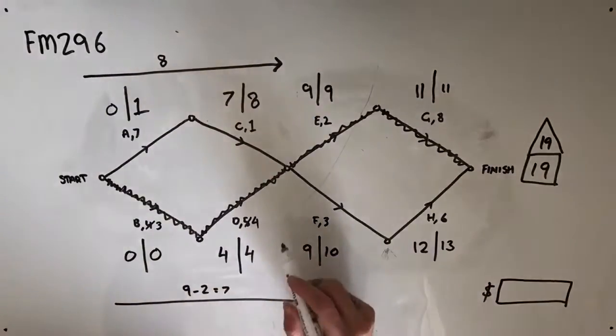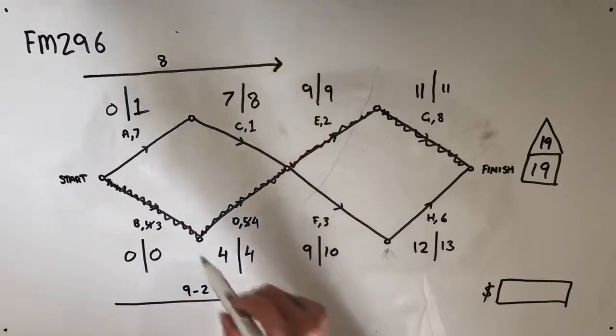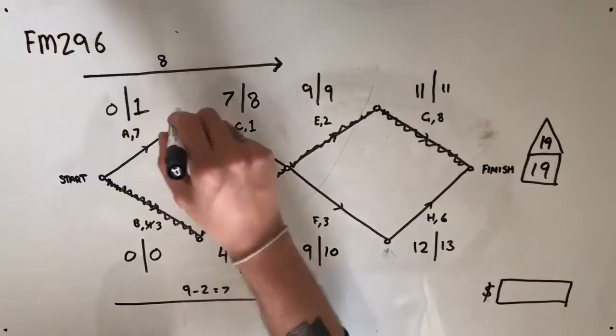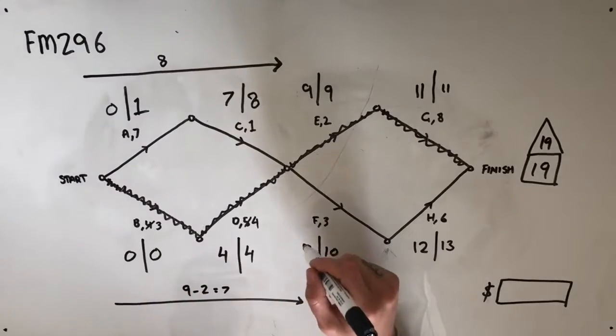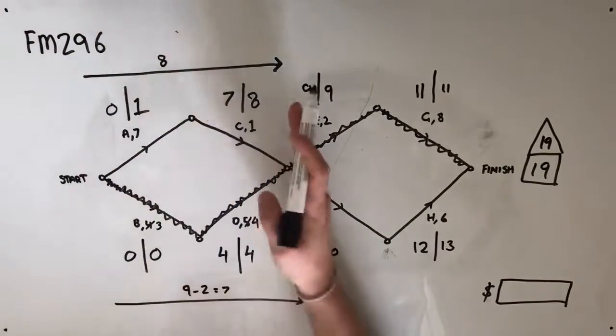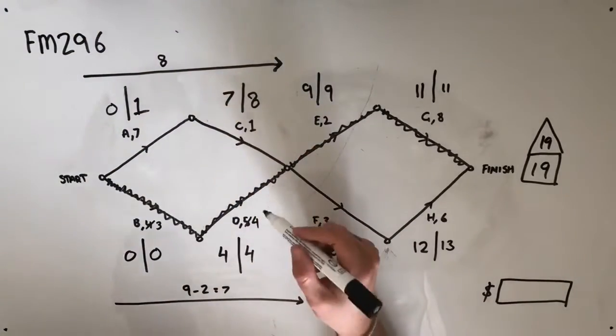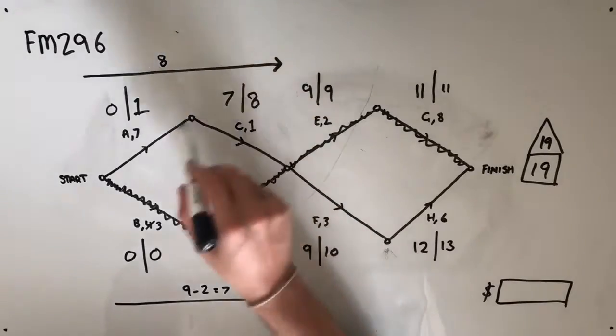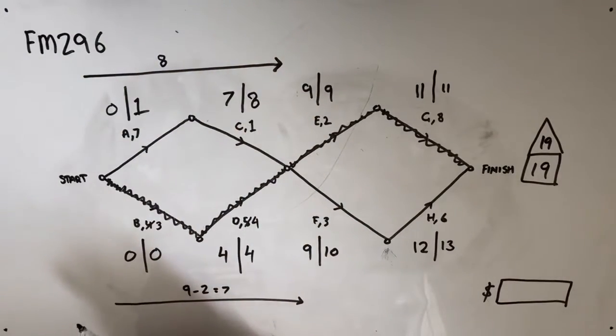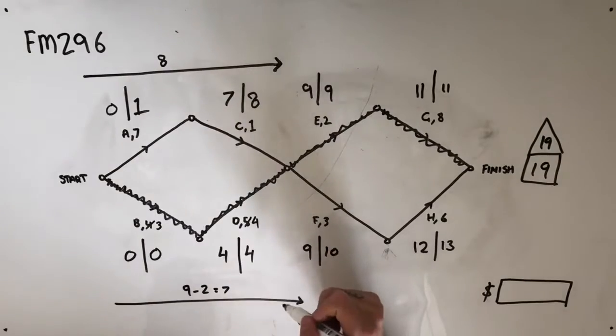What would happen here is if we just reduce these two, A and C would take over as our critical path, and it would still take 8 days to complete this block. In order to get around that, we can reduce the activities along this path here by 1 day each.